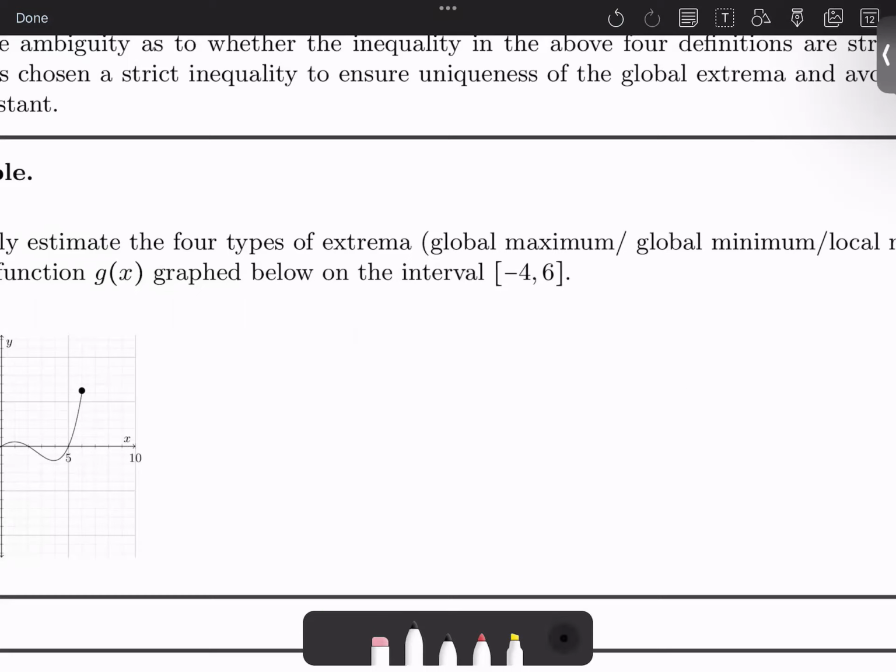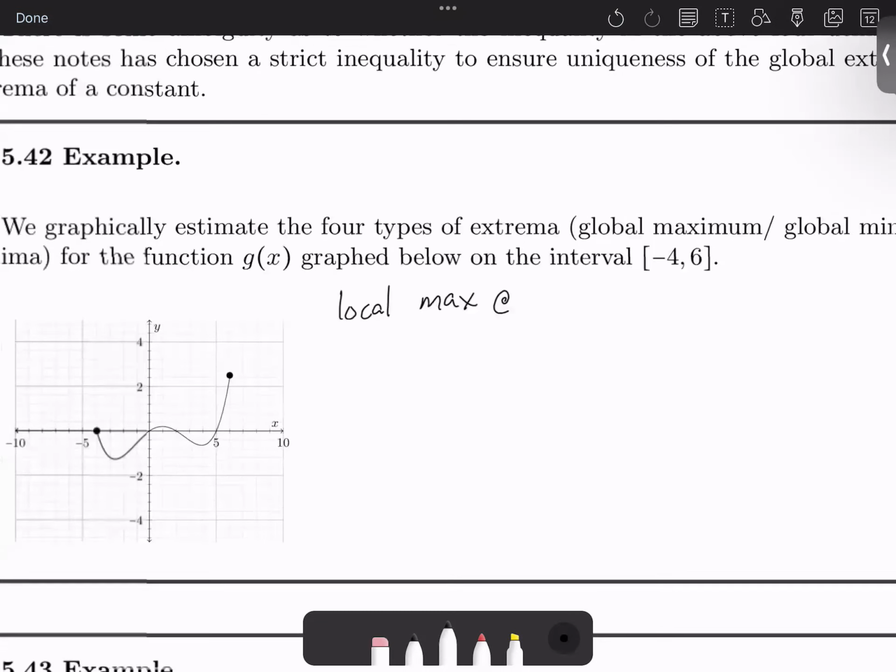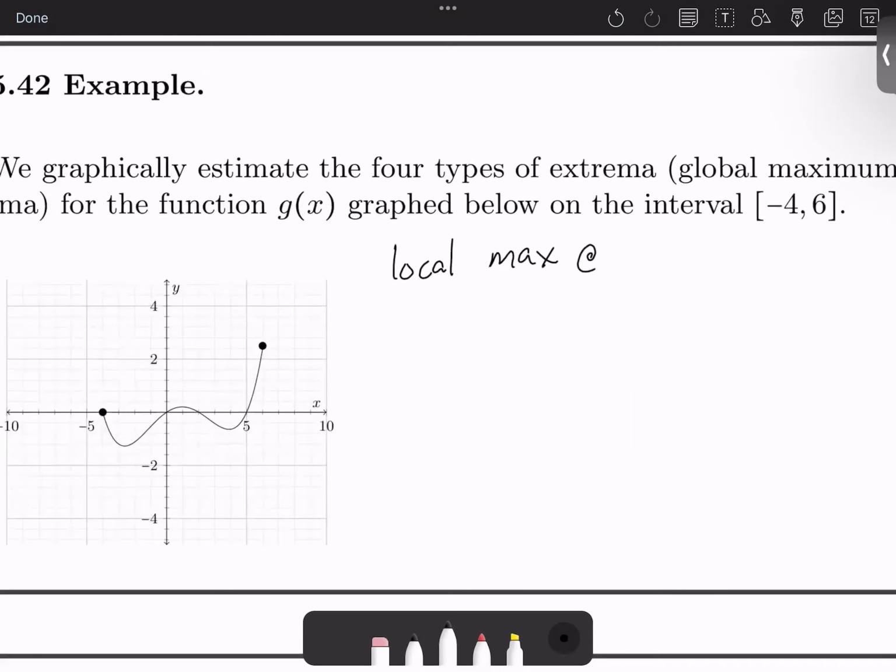So let's look at these 4 extrema types. Let's first look at the local maximums first. You can have several local maximums. In fact, I think we have several here. If I look at this graph, this point right there satisfies the definition of being a local maximum.